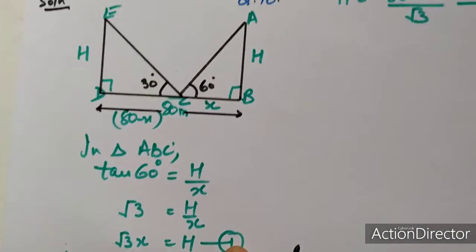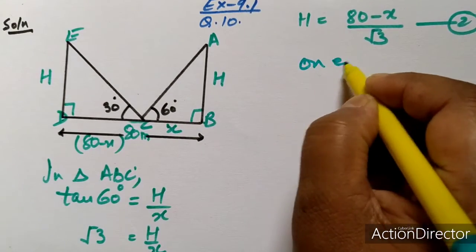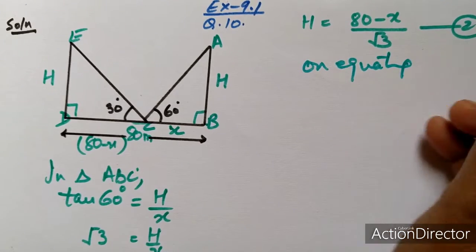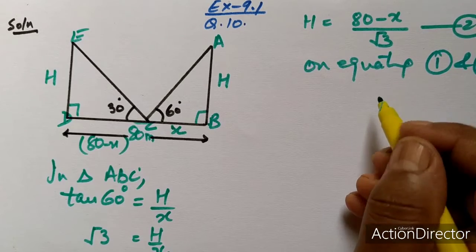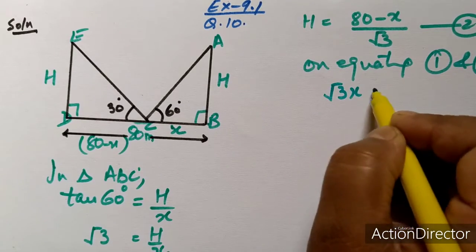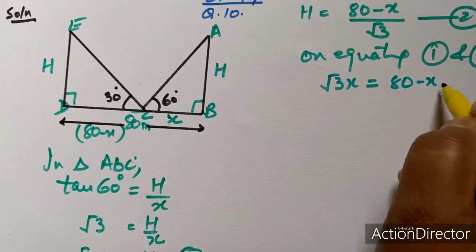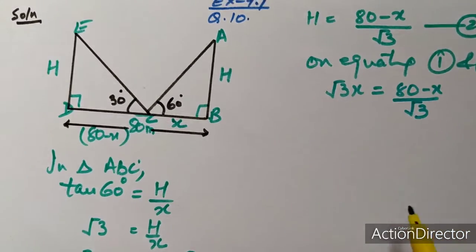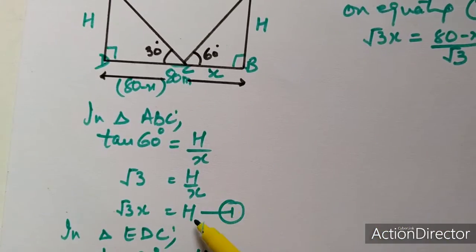Now equation number 1 and equation number 2 you can equate. So on equating equation number 1 and 2 you will get root 3x is equal to 80 minus x divided by root 3, because capital H is equal to this much and in the other equation h is equal to root 3x.